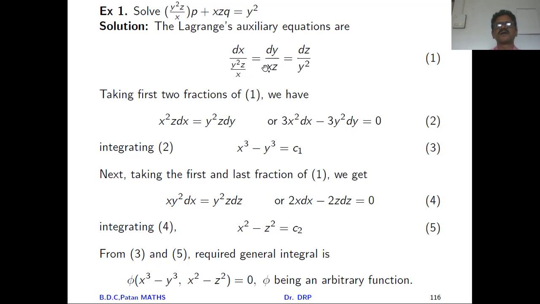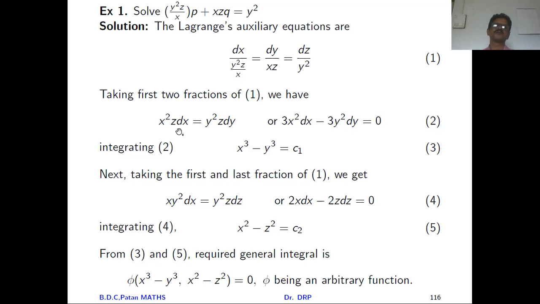So if you consider the first two fractions, this equal to this, what happens? You will get x in the numerator, z gets cancelled, and if you take the cross multiplication, it gives x square z dx equal to y square z dy. Z gets cancelled, so it gives x square dx equal to y square dy.